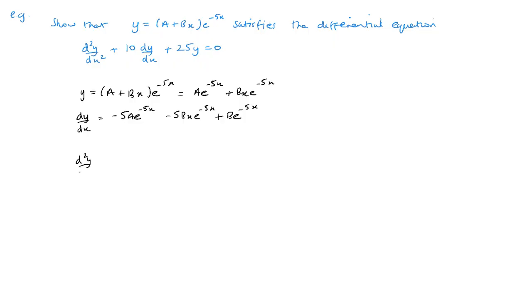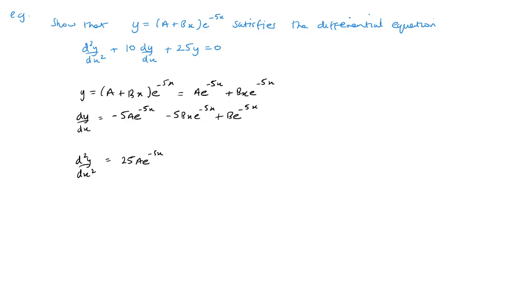Now I need to find d2y by dx squared. So this is going to be 25a e to the minus 5x. Now this is going to be the product rule. So this times the differential of this.